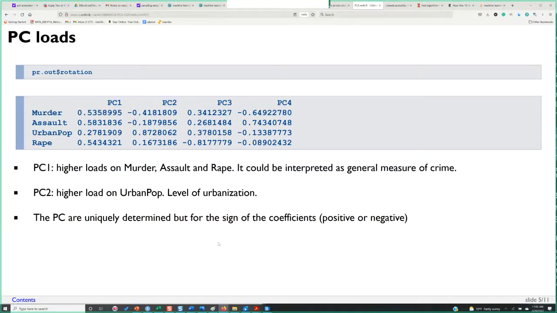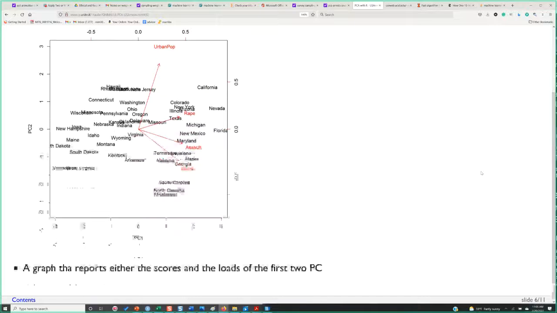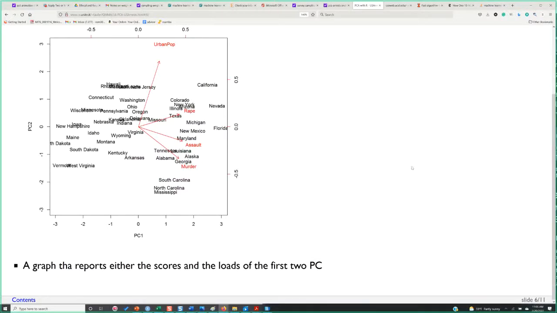So what I'm saying is, I have PC1 in this direction and PC2 in this direction. I plot all those points, the values using PC1 and PC2 for each of the states.